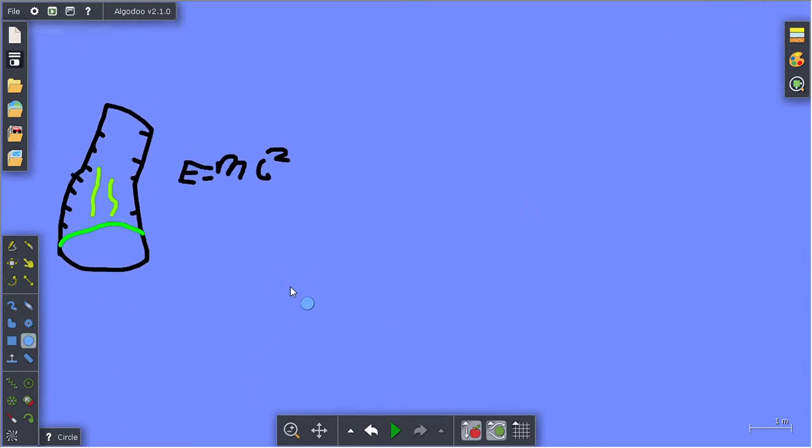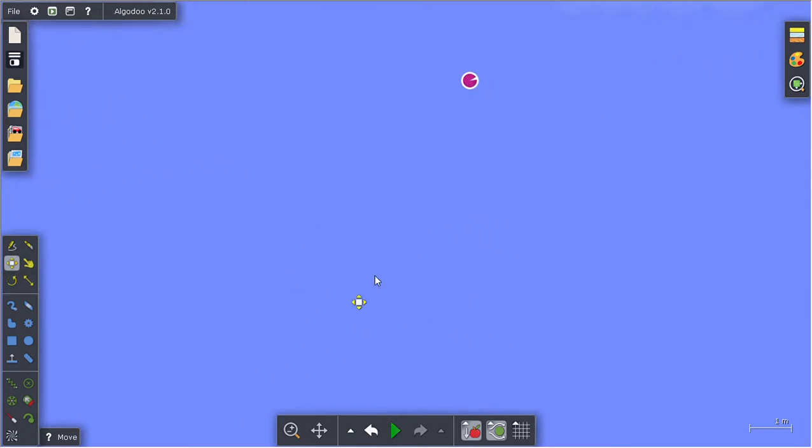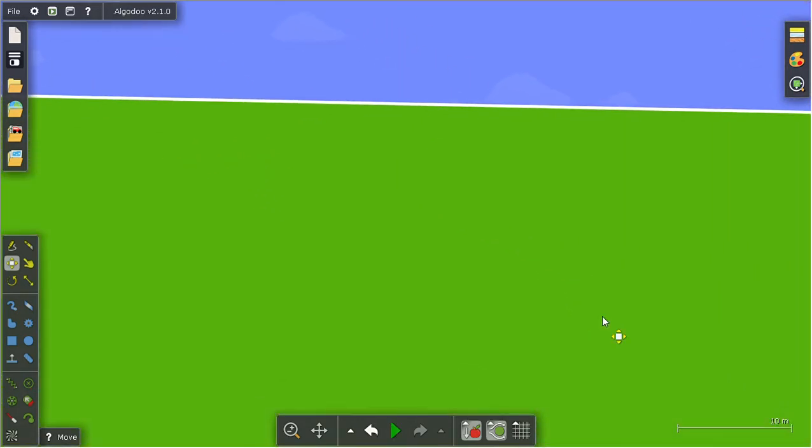Like, for instance, let's pretend this is your football here. We throw it. It just keeps going up and up and up. But gravity is slowly pulling it back down to the ground.